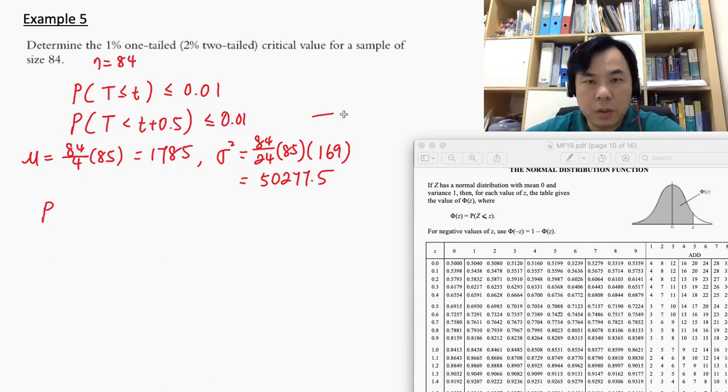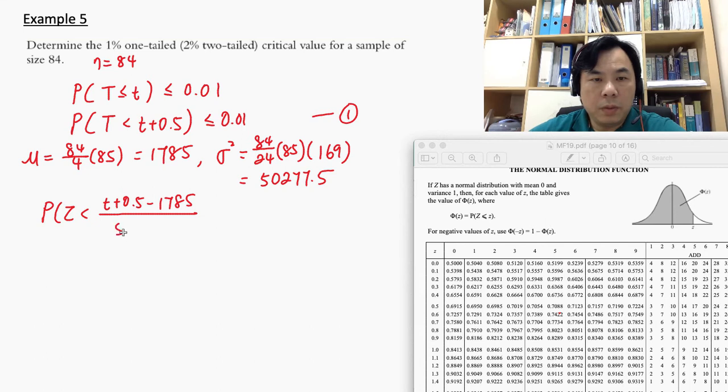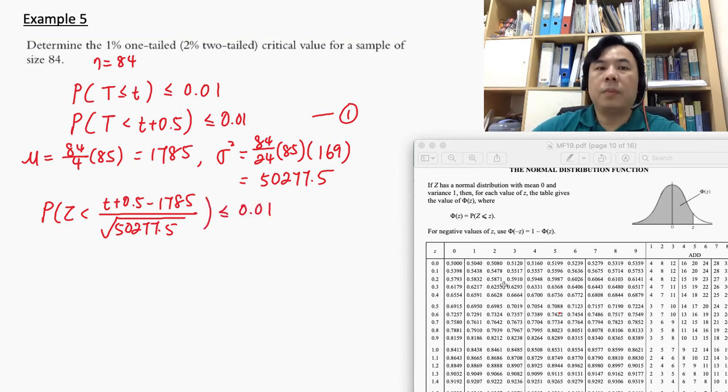From this equation, that will be the same as t plus 0.5 minus 1785, divided by the square root of 50277.5, and that should be less than 0.01. Okay, so I hope that is clear.